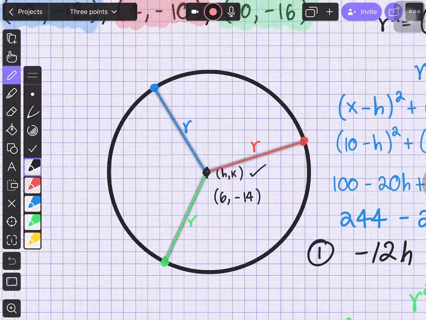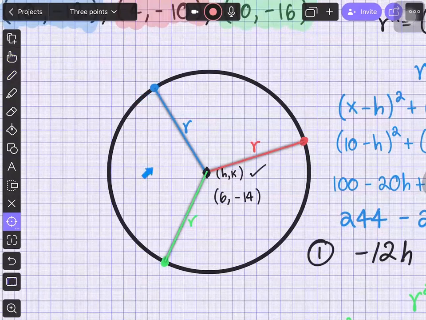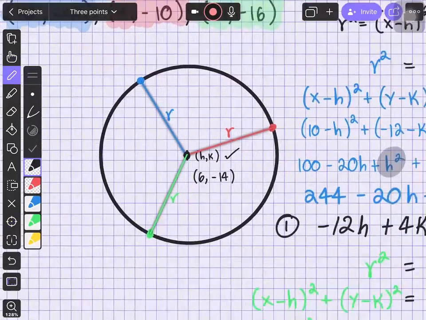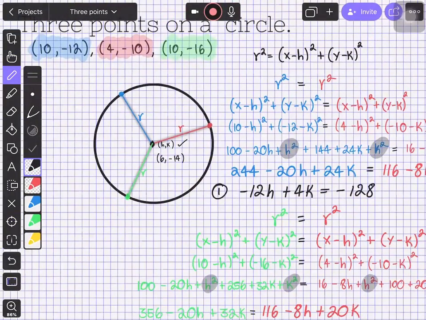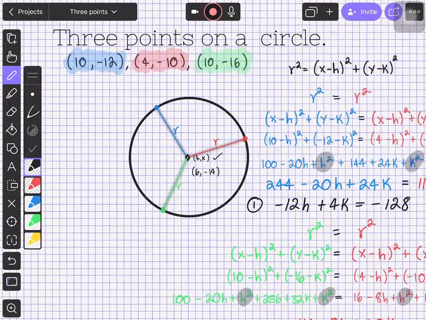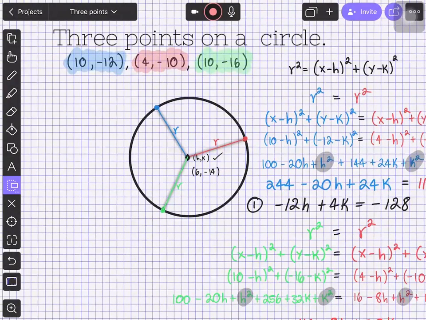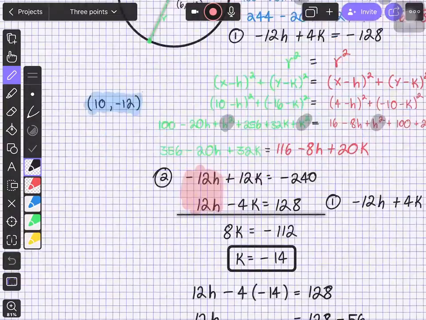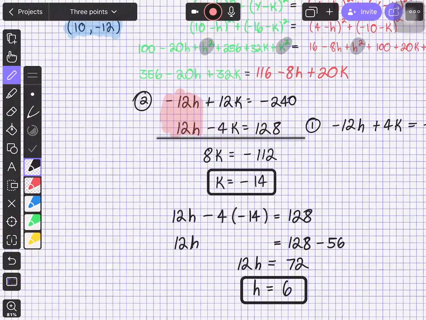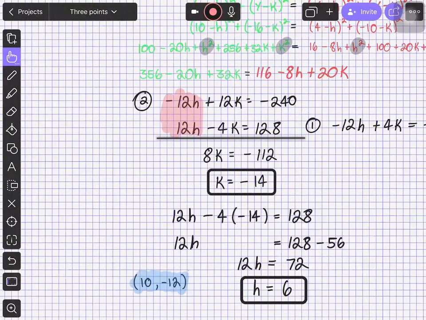Now we have this point, and we have 3 other points that we can use to calculate the radius squared, and we will be done. So which one looks okay? It's exactly the same. Let's take this one.